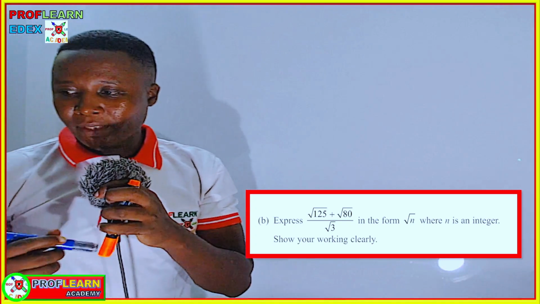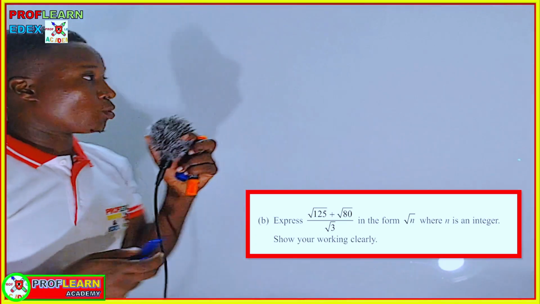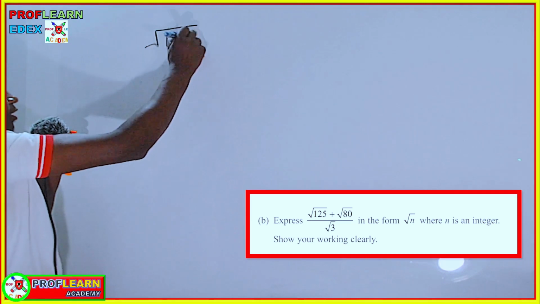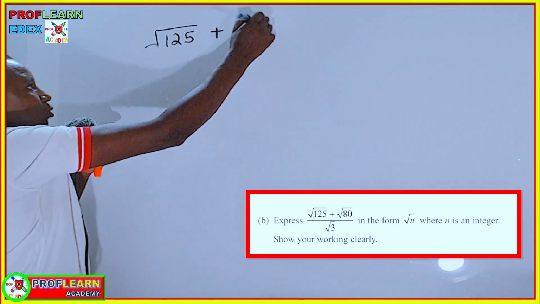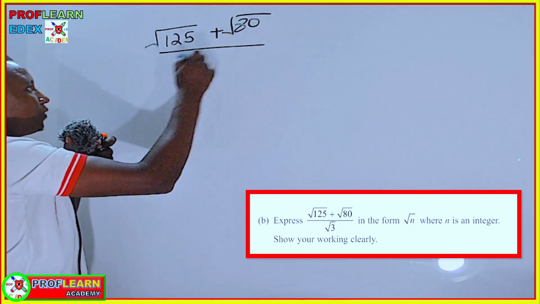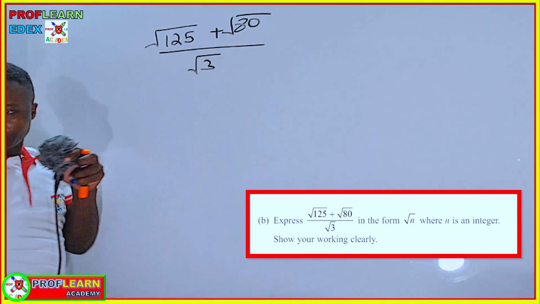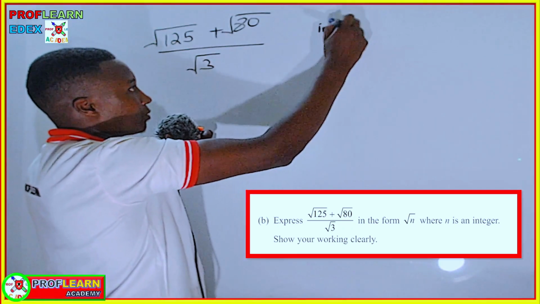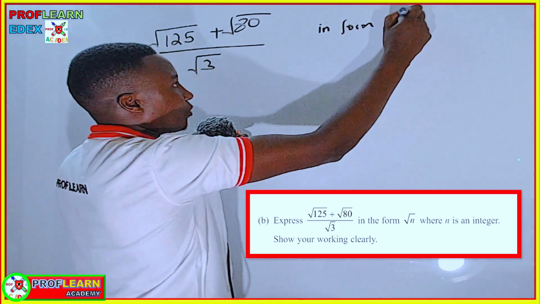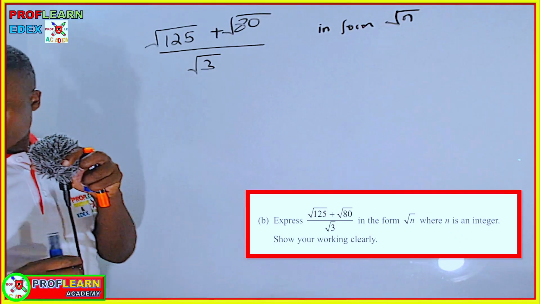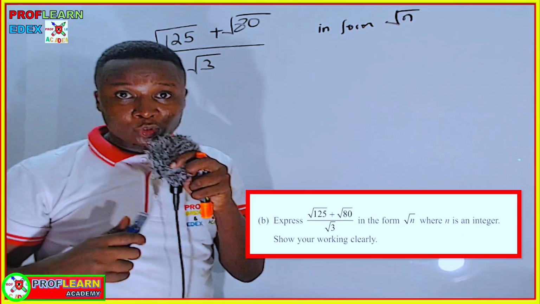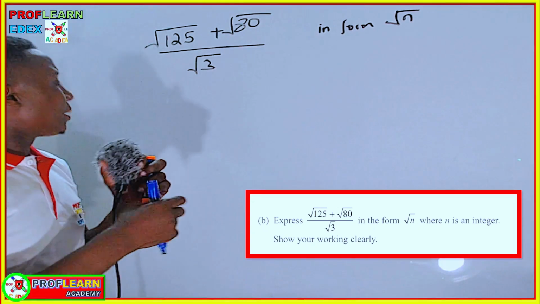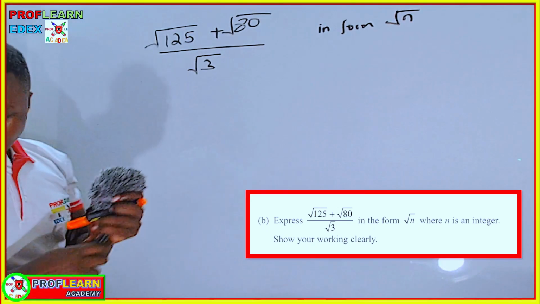Here we are told to express root 125 plus root 80 over root 3 in the form root n, where n is an integer. You are supposed to show all your steps here, so we can simplify this.